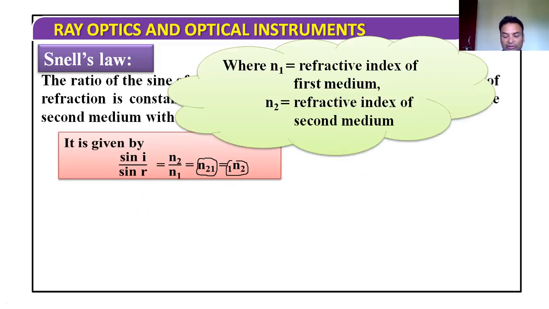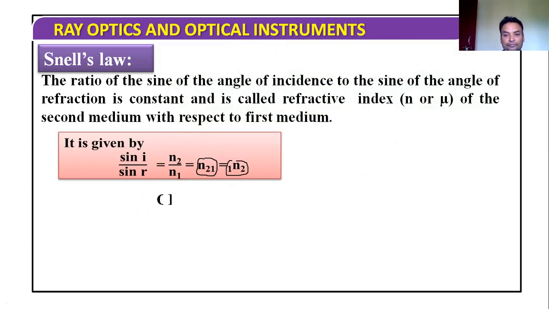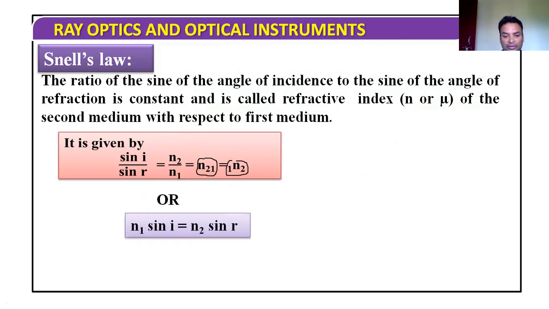N2 is the refractive index of the second medium, in our case water. We can write it in this way also. If we do the cross multiplication, it becomes sine I N1 and sine R N2. So after cross multiplication, we get Snell's law in this form also. This is also called Snell's law.